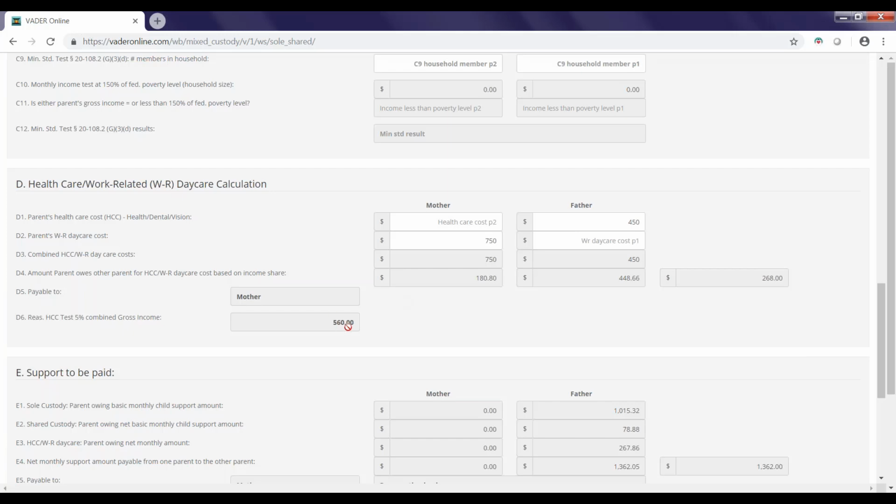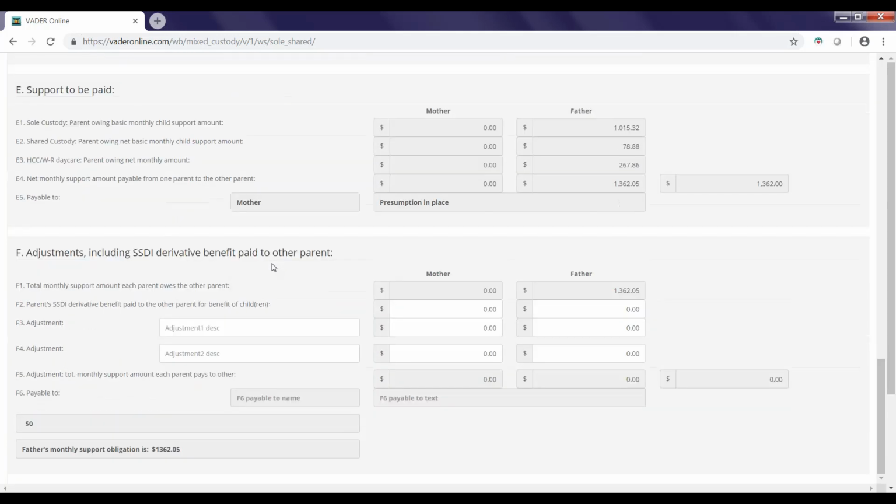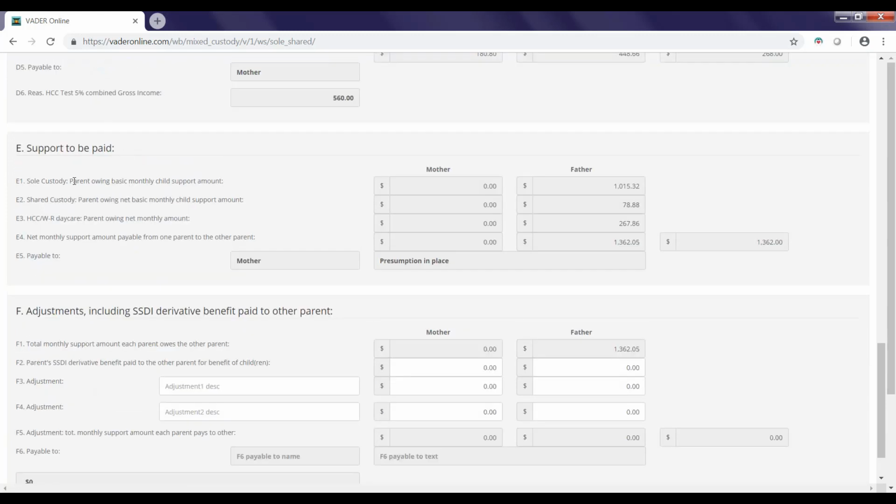That gets factored in. And we go down to subsection E, and this kind of breaks it out for us and tells us who owes what to whom. So for the 3 sole custody children, dad owes mom $1,015.32. For shared custody, dad owes $788.